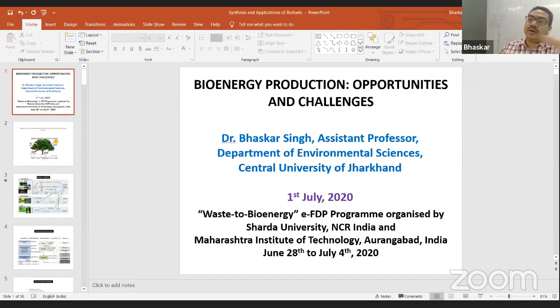So depending upon the product that is desired and the feedstock, the pre-treatment will vary. Pre-treatment can also be done by autoclaving, hydroclaving, or microwaving. If it is bioethanol, we have to treat the feedstock in such a way that we get sugar from it, which can be fermented. So depending upon the feedstock and the product, the pre-treatment process will vary.